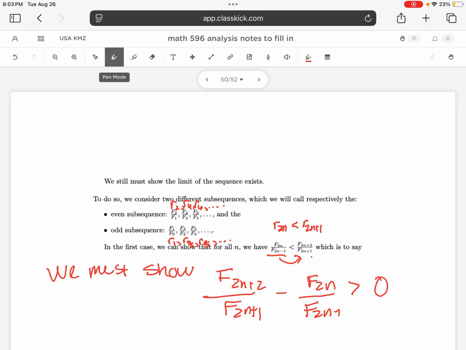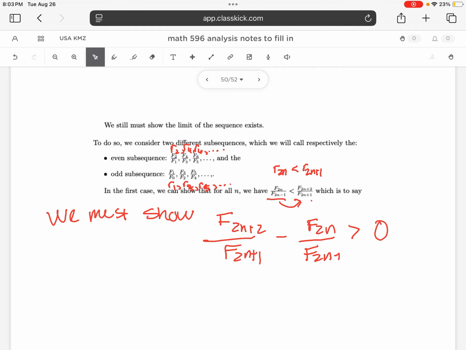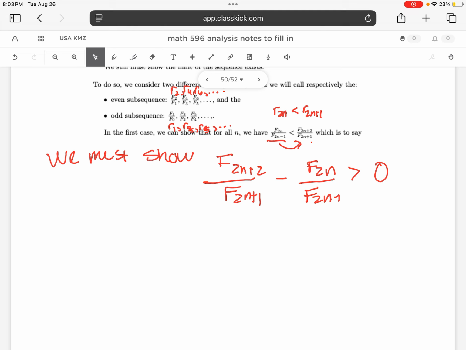So to do that, we're basically doing the same thing that we did before, right? First, I'm going to take that left-hand side and I'm going to combine it into a single fraction. So we have that this expression, the left-hand side, is equal to, combining them into one fraction, I want to get a common denominator of f2n plus 1 times f2n minus 1.